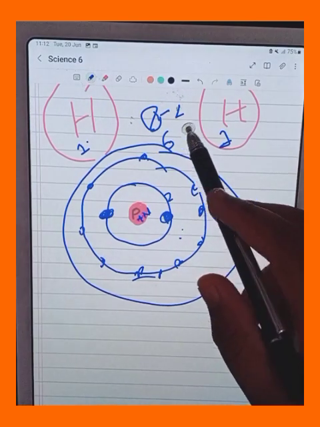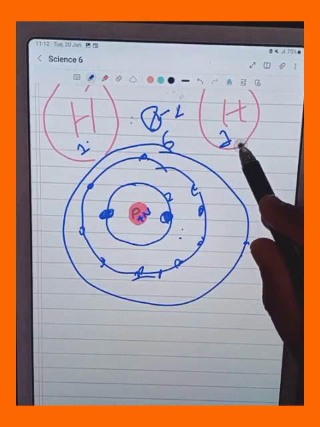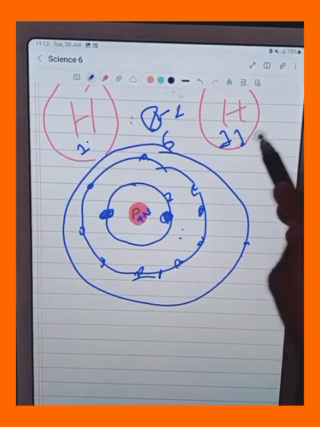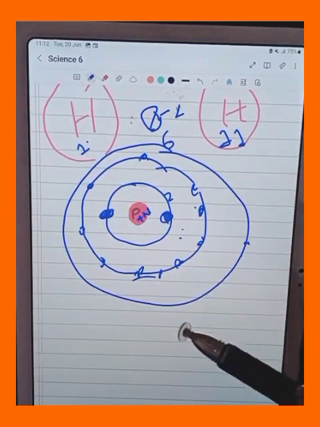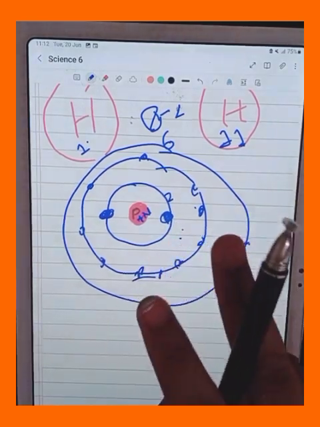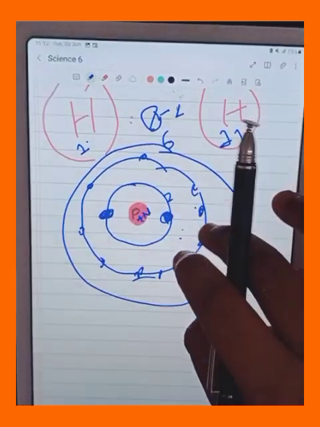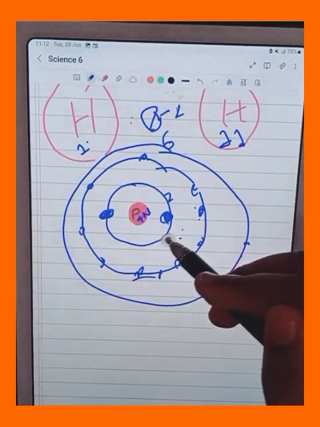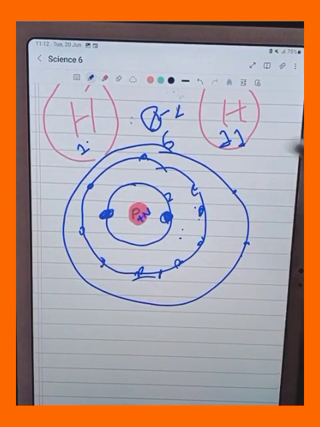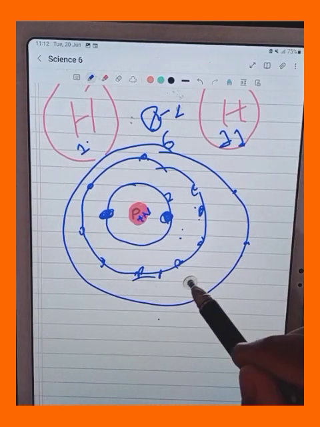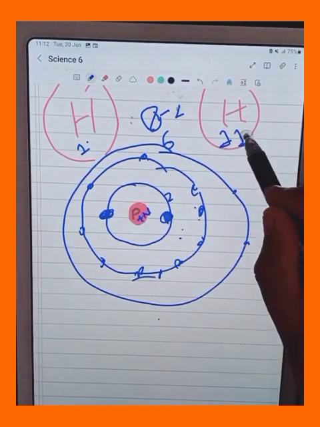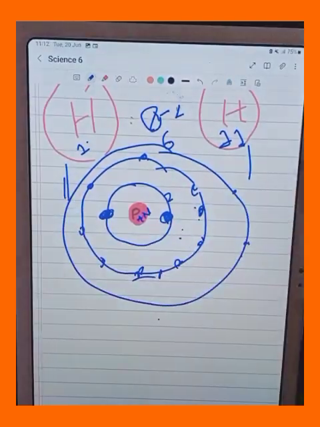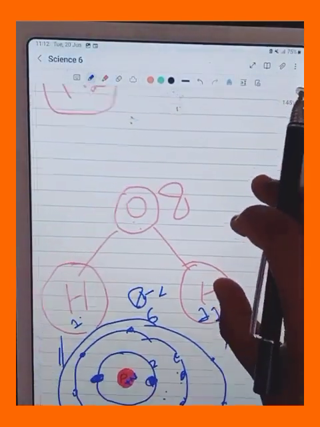So there are 11, for example, let's say the atomic number is 11. The first is completed with 2 electrons. The second is also completed: 2 plus 8, 10. So 1 is left, and that 1 comes to the third stage. In this case also, hydrogen would share electrons. We can say they combine. So this is how combination is done.